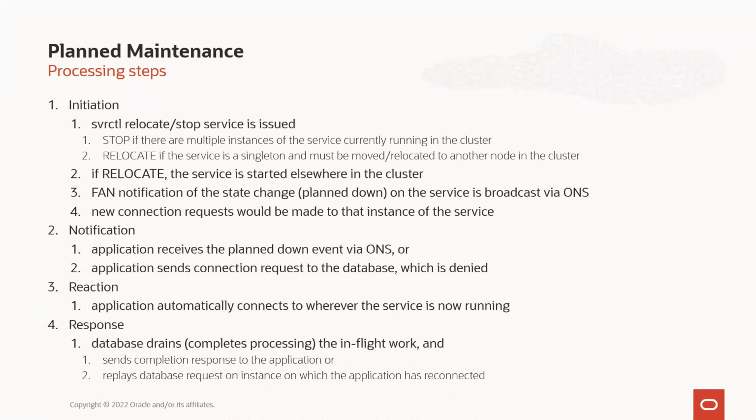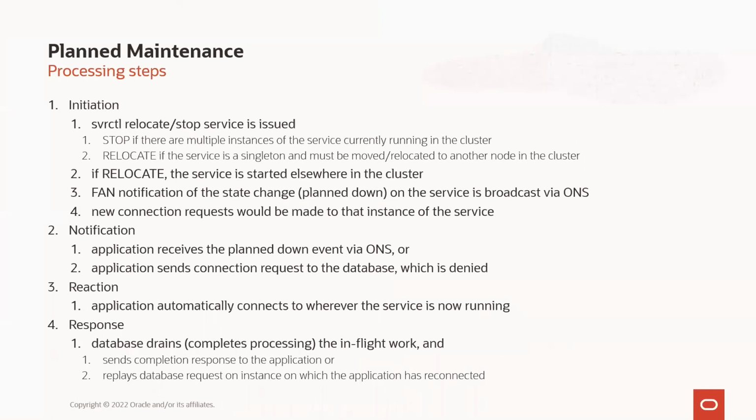Essentially, we start draining, and we saw it in the graph I showed earlier. When that is initiated, the service is relocated or stopped locally, but it ensures that if it's a relocate, it's started elsewhere. Okay, so at no point in time is the user not able to connect.